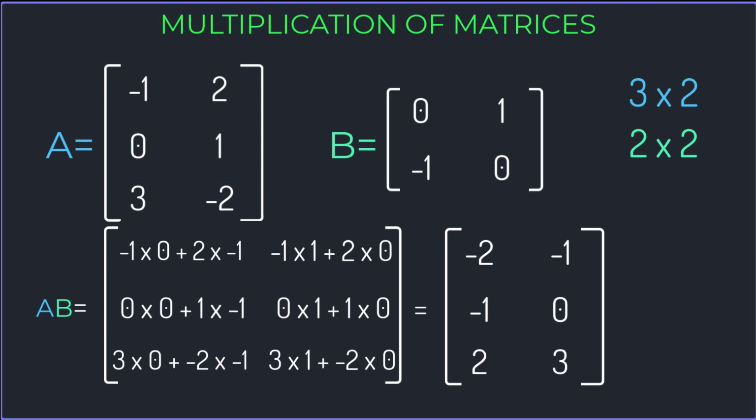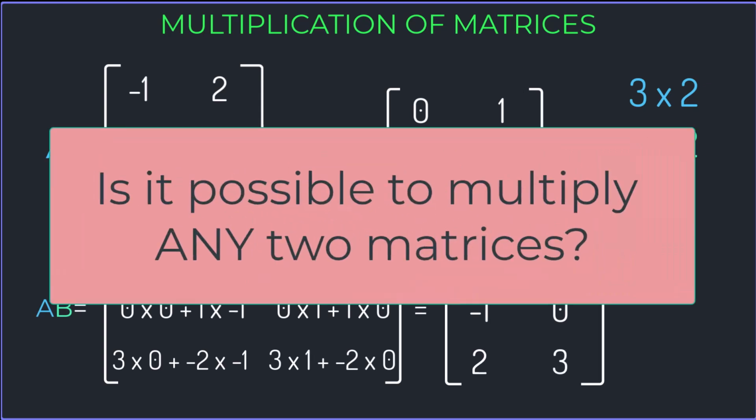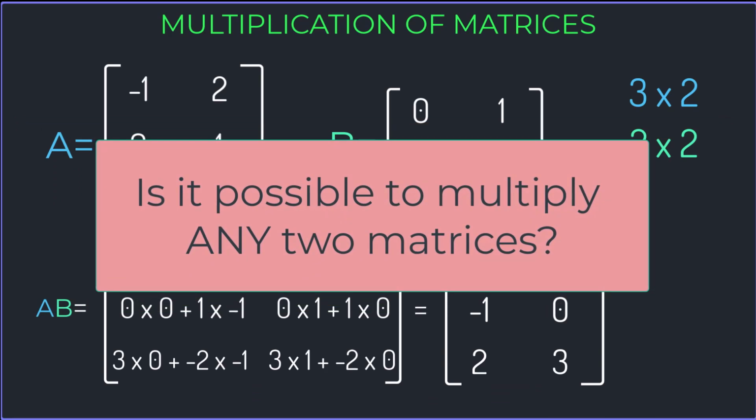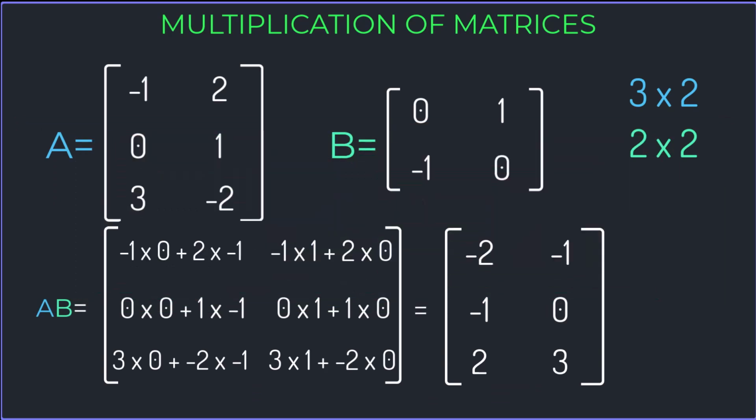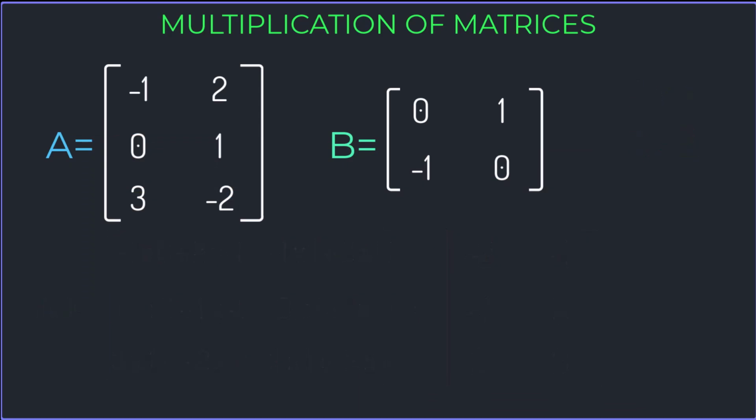Here comes an important question. Is it possible to multiply any two matrices? In the previous case, we multiplied A by B. What if we try to multiply B by A? Let's write down the order, first of B and then of A. We can see the number of columns of B is 2 and the number of rows of A is 3.